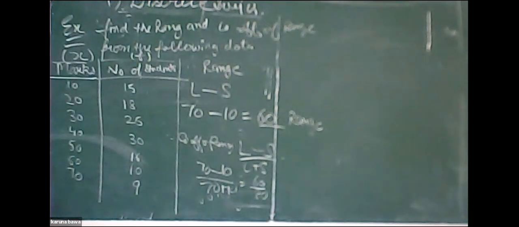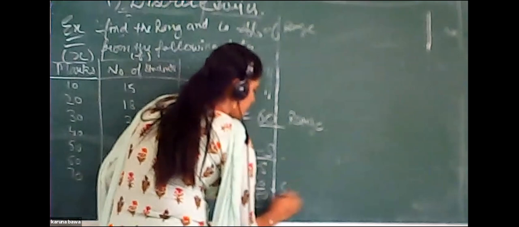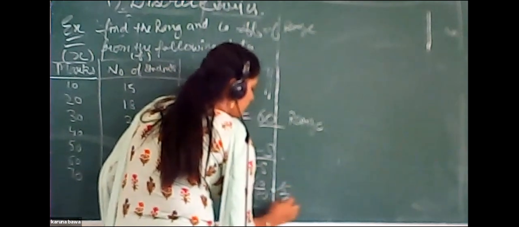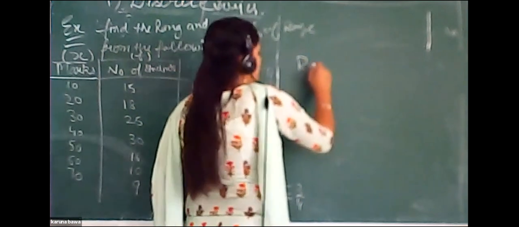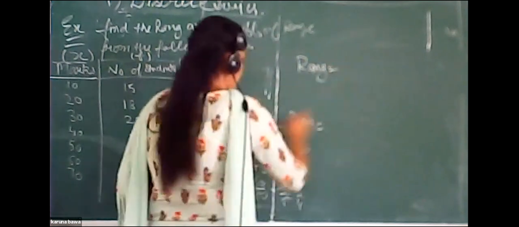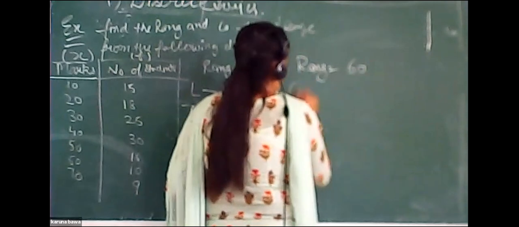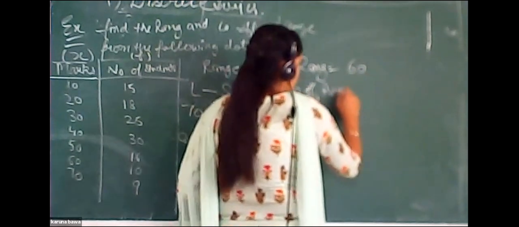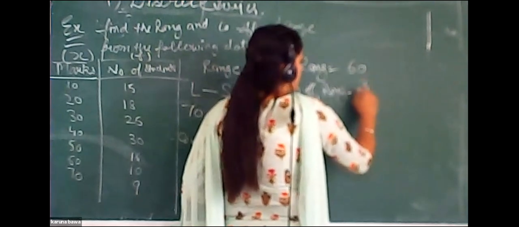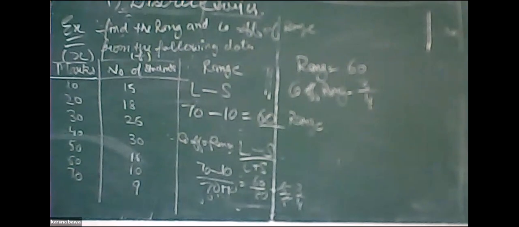So after this, 6 divided by 8. So the range answer is 60 and the coefficient of range is equal to 3 divided by 4. This is the answer. This is a discrete series.